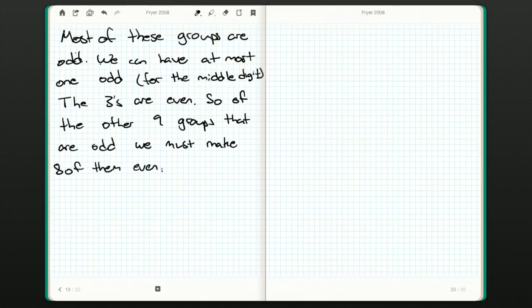We need most of these groups to be even, so we can have one odd group. That's fine. So 9 groups that are odd, we need to make 8 of them even.